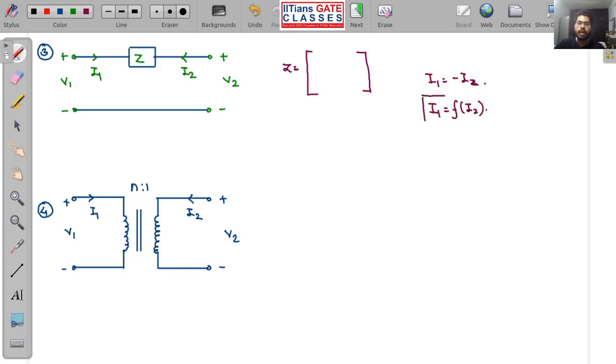I have told you already, if the independent variables, or the inputs of the parameters, are dependent on each other, then the Z parameter will cease to exist. So Z parameter does not exist.